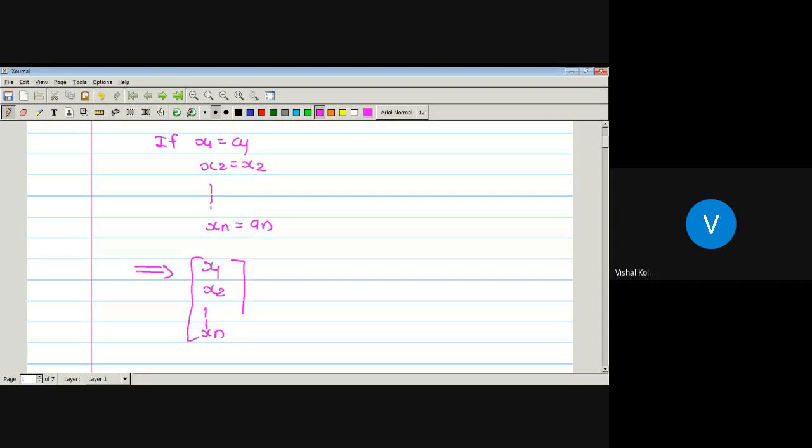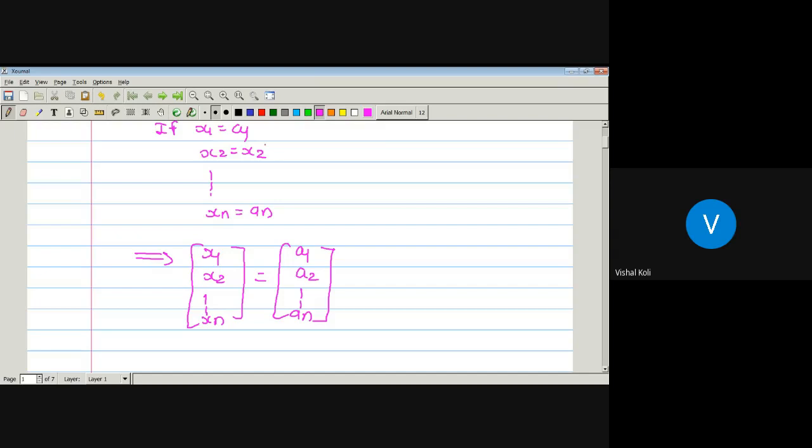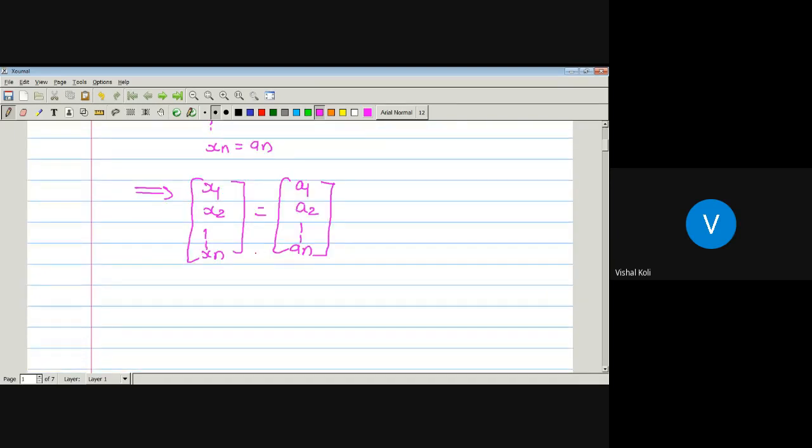From the equality of two matrices, if x1 is equal to a1, x2 equal to a2 up to so on xn equal to an, then these two matrices are the same, since one is of order n by 1 and the other is also of order n by 1.